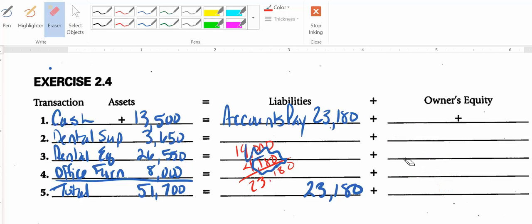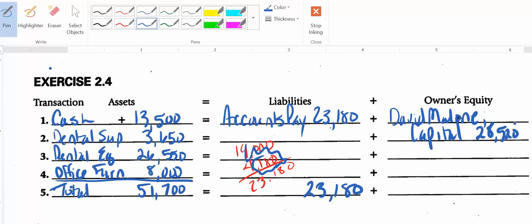Make this look nicer. Okay, so this account is called David Malone, Capital. That should all be on one line, but can't fit because I'm writing too big. And that number is 28,520. It should be up there, but whatever.